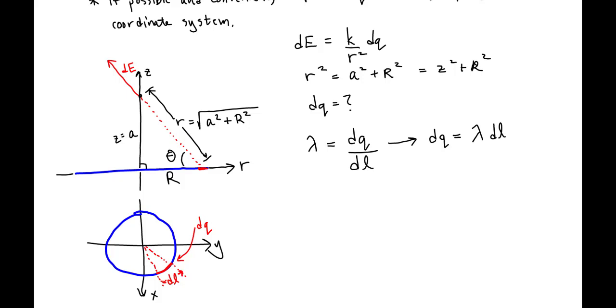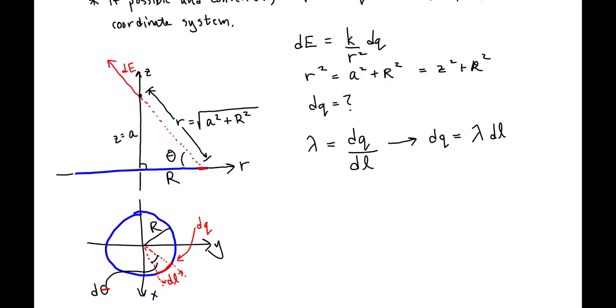So what do you think dl is in terms of polar coordinates? Well, it would probably help if I drew the radius in here, so that's R. And we know that tiny bit of charge takes a tiny bit of arc. So this tiny bit of arc is a tiny angle that I'm going to call d theta.